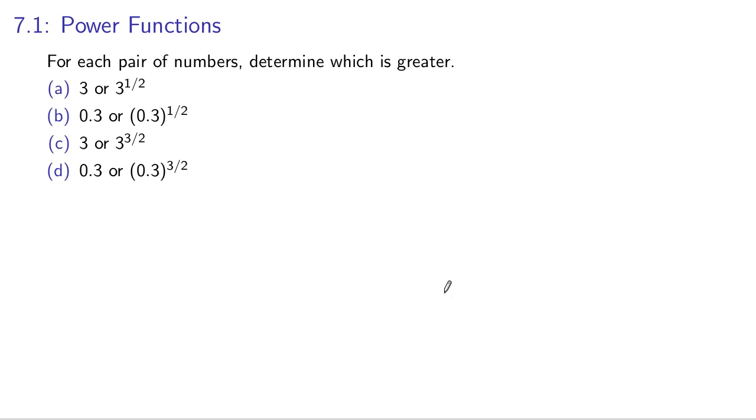Power functions. More about them. So let's do this other example. For each pair of numbers, determine which one is greater. So here we can either think back to the graphs or think to the principle on the interval between 0 and 1.